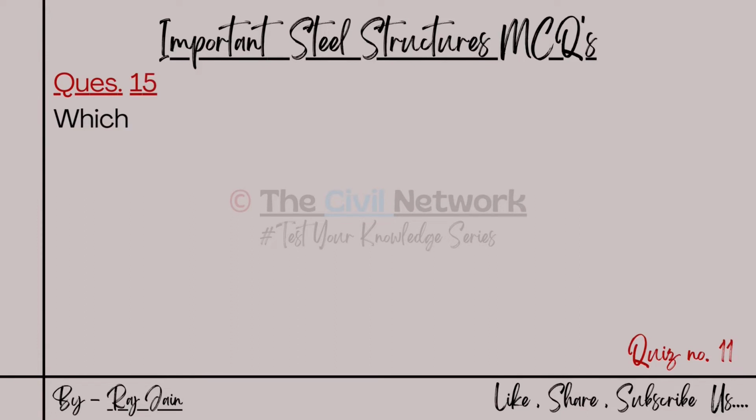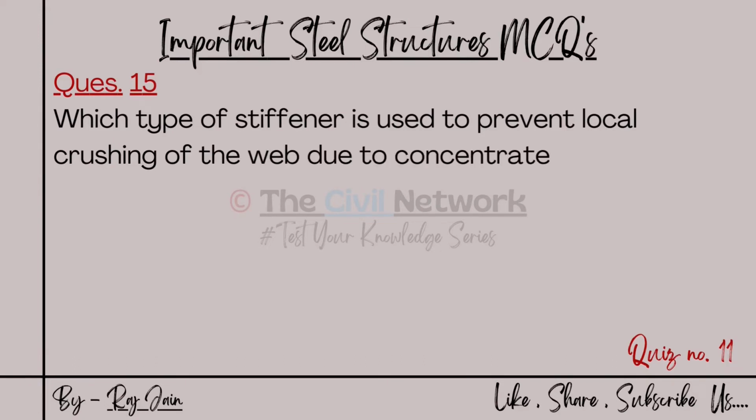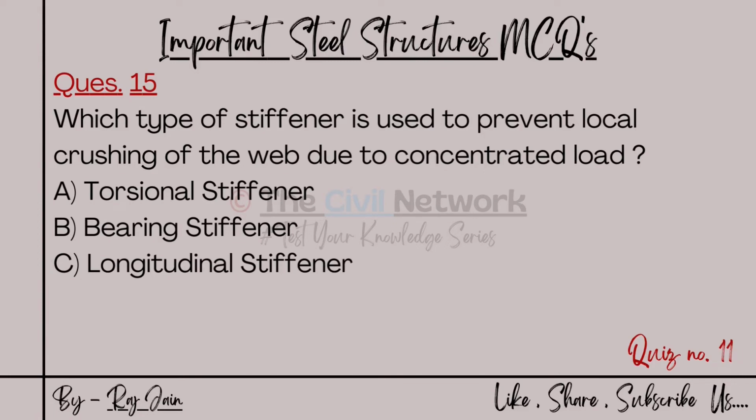Question number 15. Which type of stiffener is used to prevent local crushing of the web due to concentrated load? Correct answer is bearing stiffener.